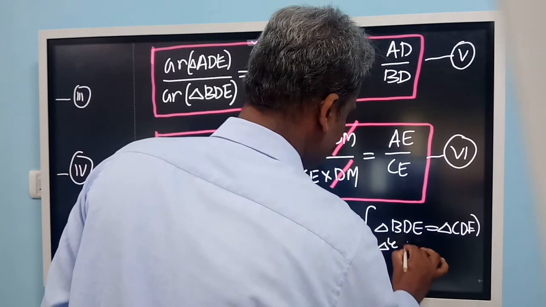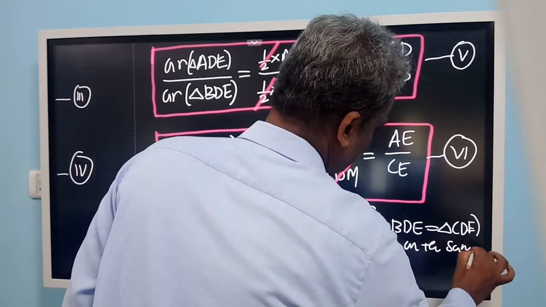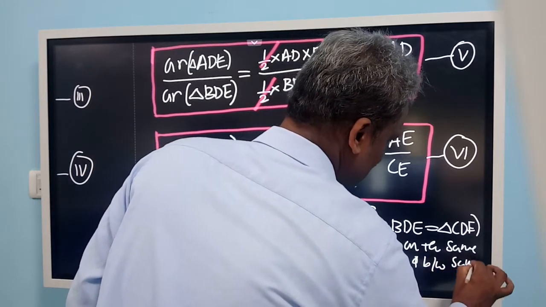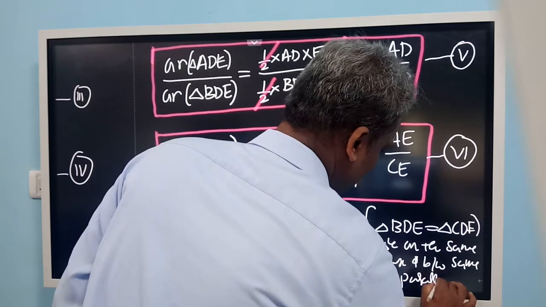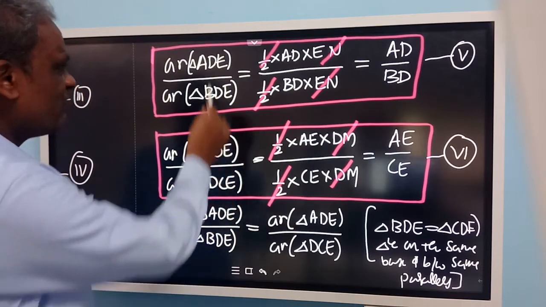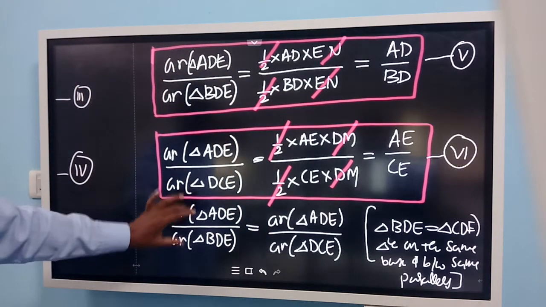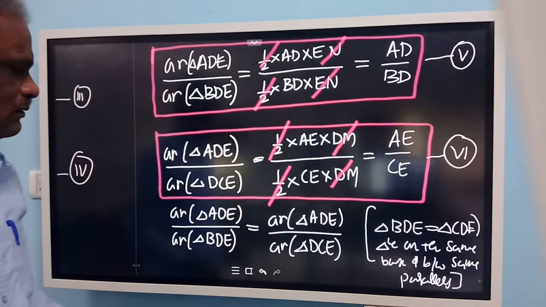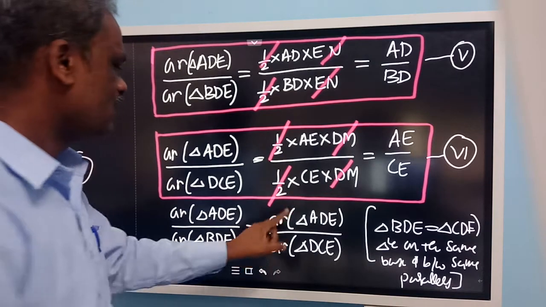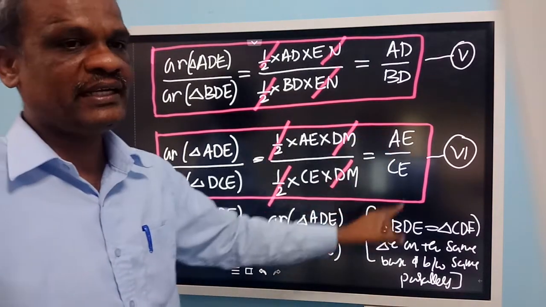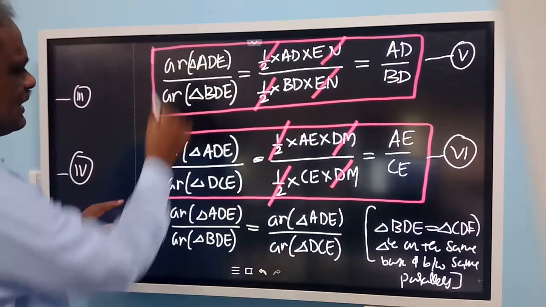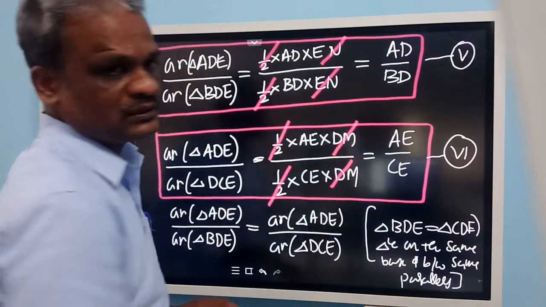They are triangles on the same base and between the same parallels, so they should be equal in area. Since these two left hand sides are equal, in place of ADE by BDE I can write AD by BD, and in place of ADE by DCE I can write AE by CE. So the right hand sides are also equal.